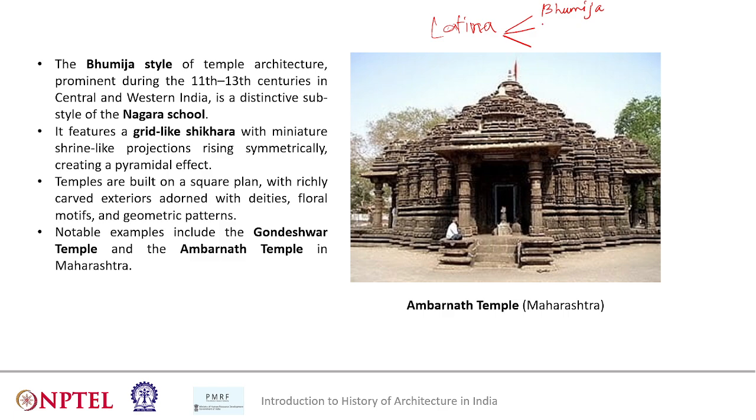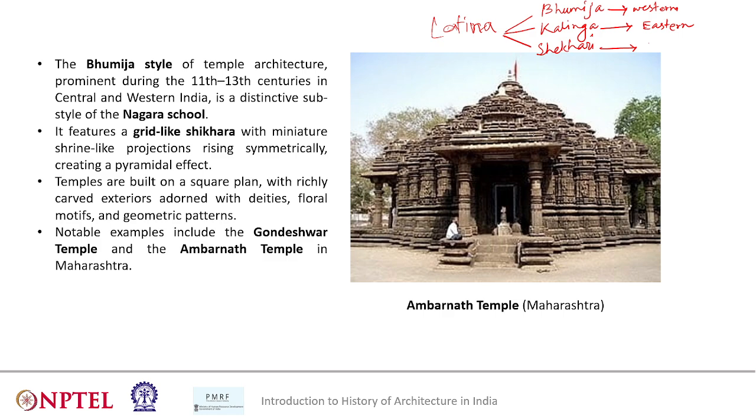The other ones include the Kalinga style and also the Shikhari style. Bhumija style is seen in the western part of our country. Kalinga style is seen in the eastern part. And Shikhari, somewhat, the central northern part. So that is what Shikhari style is.